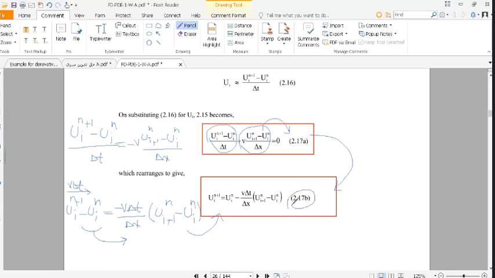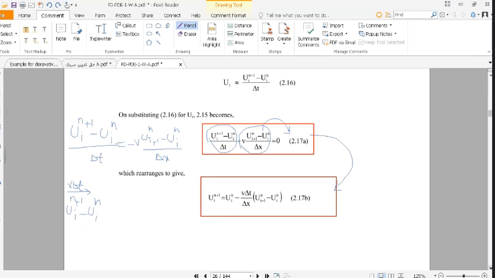We have this formula: u i n plus 1 equal to u i n minus v delta t over delta x times u i plus 1 n minus u i n. Is it okay? Okay. Yes. Great.